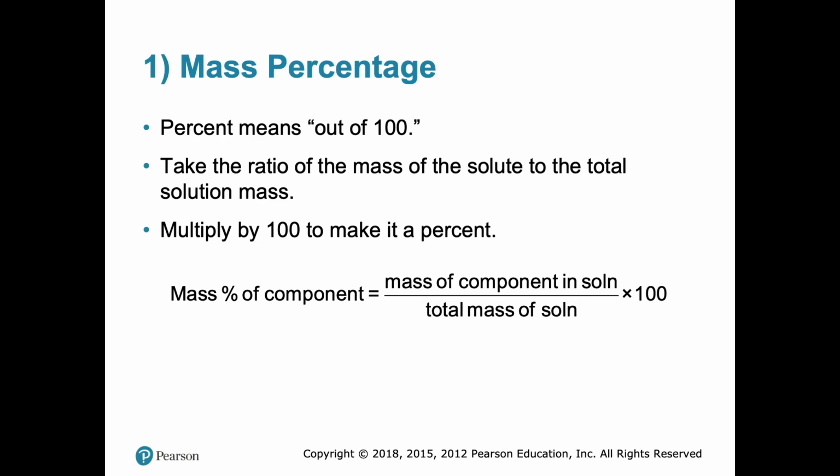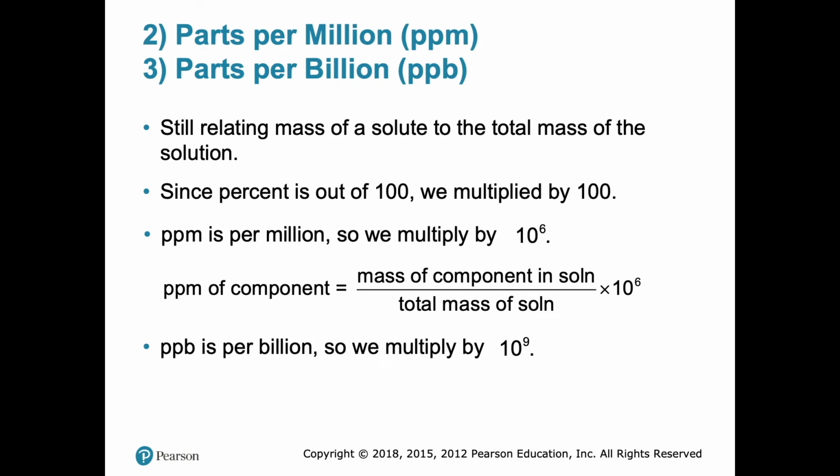The next one is parts per million and parts per billion. This is still relating the mass of the solute to the total mass of the solution. Since the percent is out of 100, we multiply it by 100. Parts per million, we'll multiply by 10 to the 6.